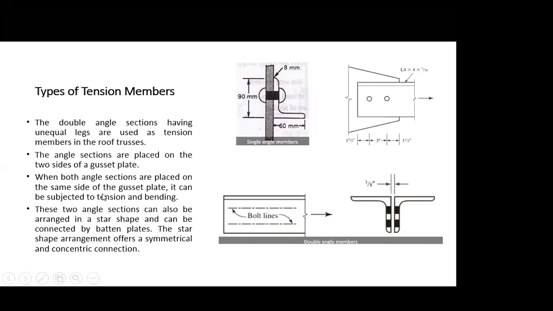When both angles are placed on the same side of the gusset plate, it can be subjected to both tension and bending. It can also be arranged in a star shape, where one angle section is here and one angle section is here, like this.